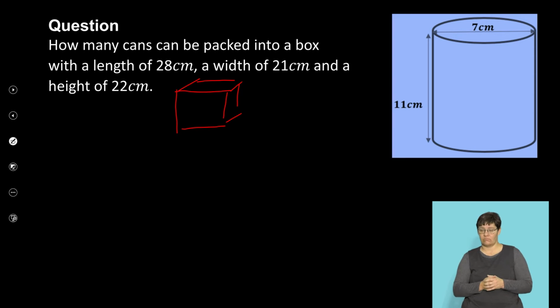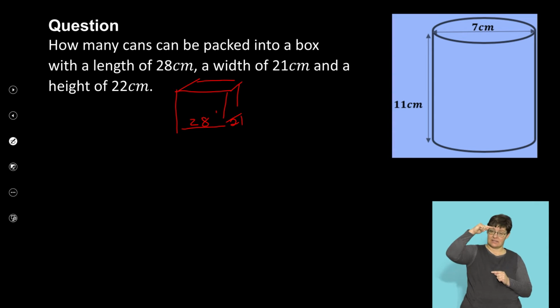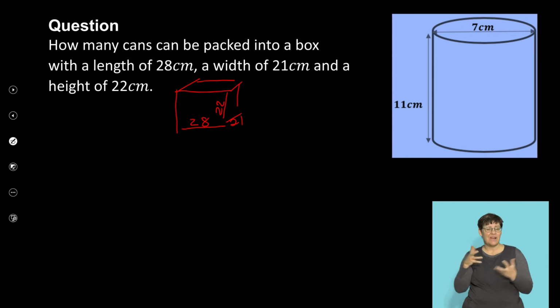So we've got a length of 28, a width of 21, and a height of 22. So what I'm going to ask everyone to think about is, with regards to each dimension, how would I be able to actually fit this specific can in?